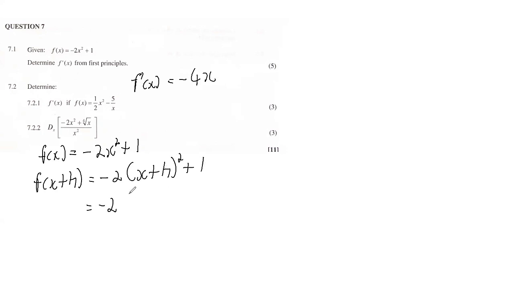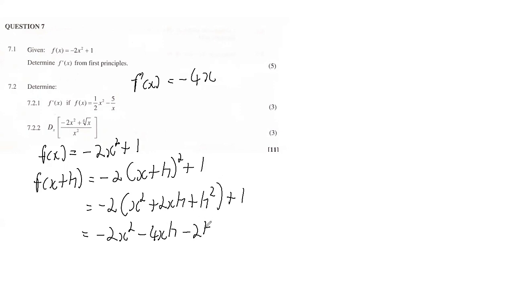At this point, we need to expand this, and then multiply with the negative 2, like that. There are no like terms here, so there's nothing that you are adding to the other here. You just simply leave it like that. Then we have our f prime x.